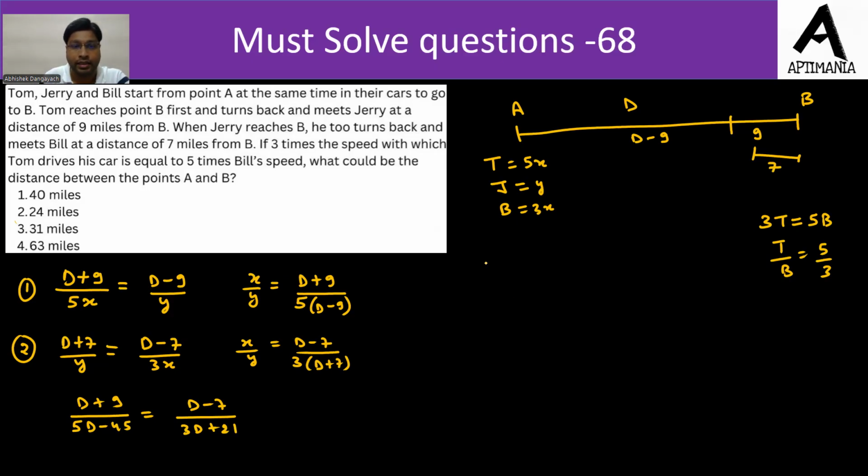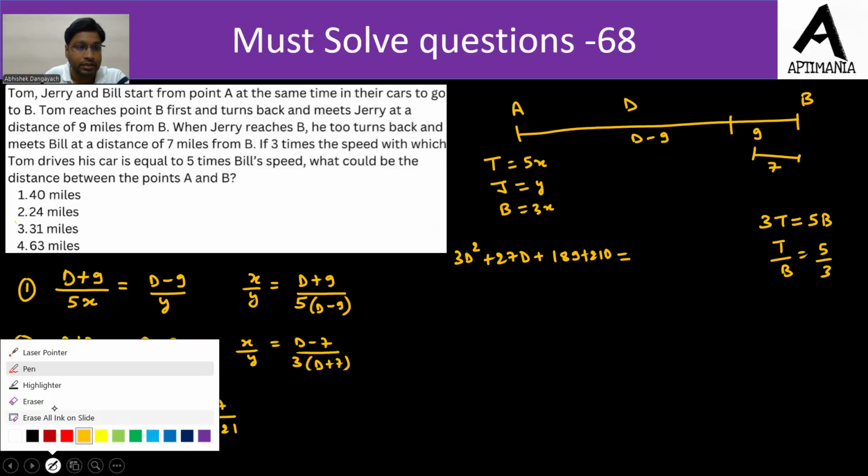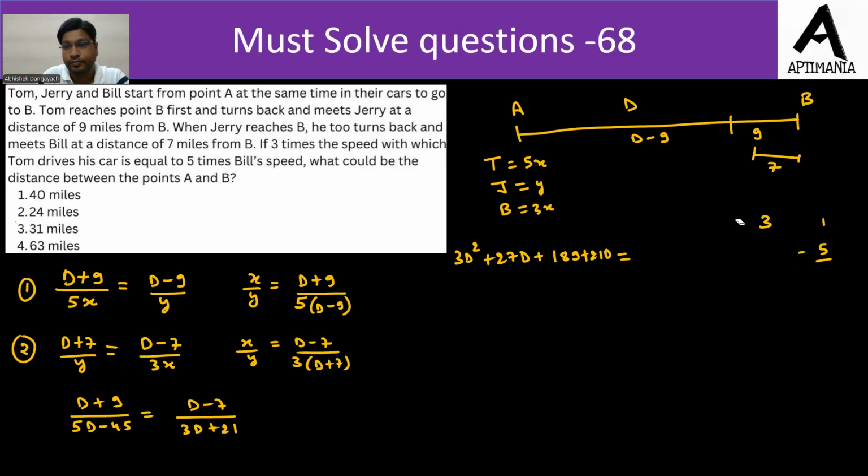एक बार cross multiply करते हैं, so this will be 3D square plus 27D plus 189 and plus 21D. And this must be equal to the cross multiplying here.